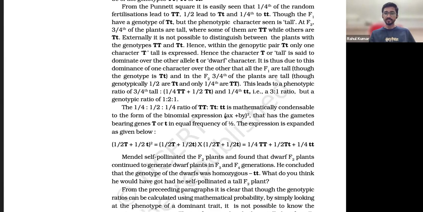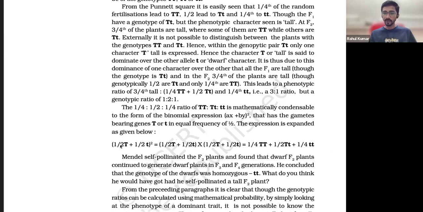And this binomial expression, (ax plus by) raised to power whole square, is written here. Half is a, T is x, plus half is b, and small t is y. So (ax plus by) whole square is equal to, it's just how you solve this binomial expression, (half T plus half t) whole square, right?